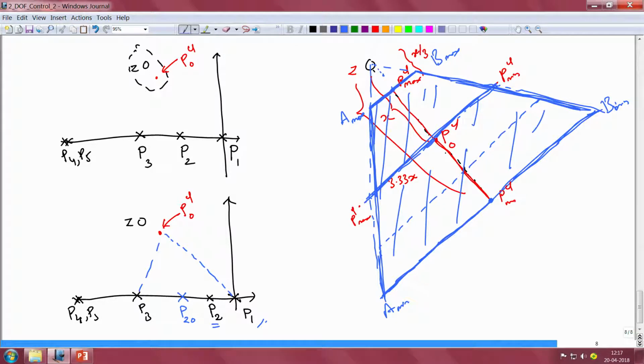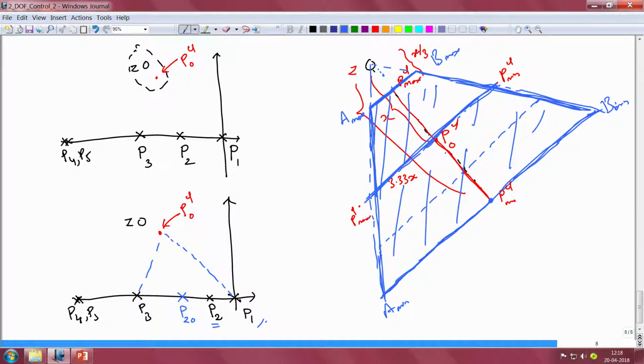That longest diagonal would be some constant times this distance x, because this entire figure scales with x, and we should insist that this diagonal be less than or equal to 0.04 units in order to determine at what position x we have to place the zero z with respect to the point PCL naught. So this is one way in which the problem can be solved.